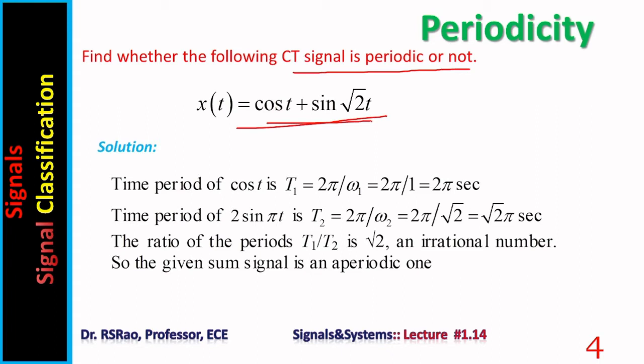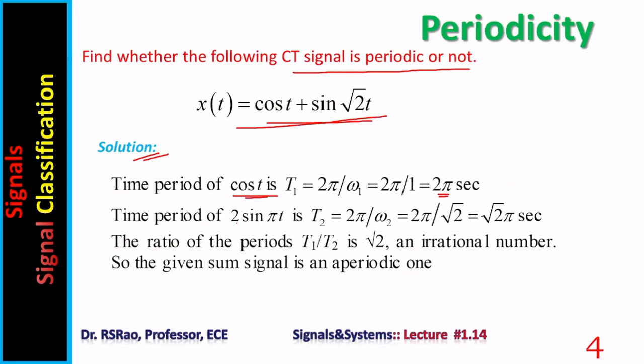Again, testing against the criteria, ratio of the periods, rational or irrational, that is the criteria. Solution. Time period of cos t. For this signal, omega 1 is 1. So T1 is 2 pi by omega 1. So 2 pi by 1 becomes equal to 2 pi seconds.